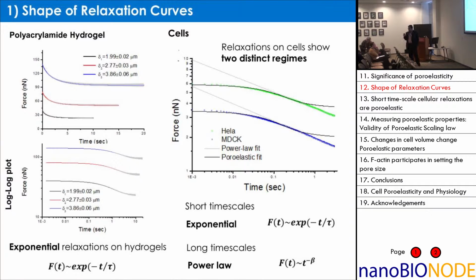If it was a normal viscoelastic material, all the curves should collapse onto a single curve because the response shouldn't be related to indentation depth. If you normalize the time with respect to indentation depth, then they collapse into a single curve.